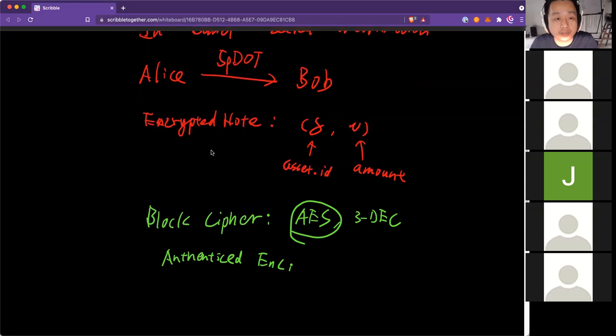A MAC is basically like a checksum. The block cipher ensures the secrecy of the ciphertext, but you also want to ensure the integrity of the ciphertext.